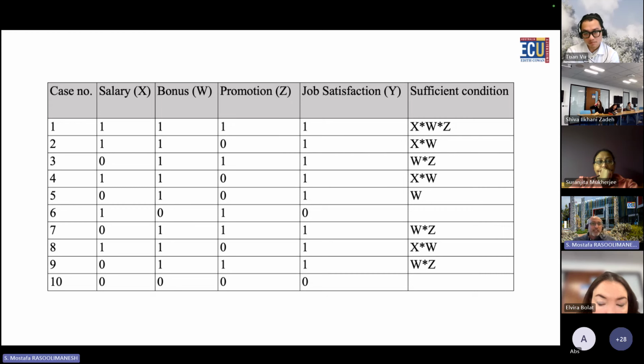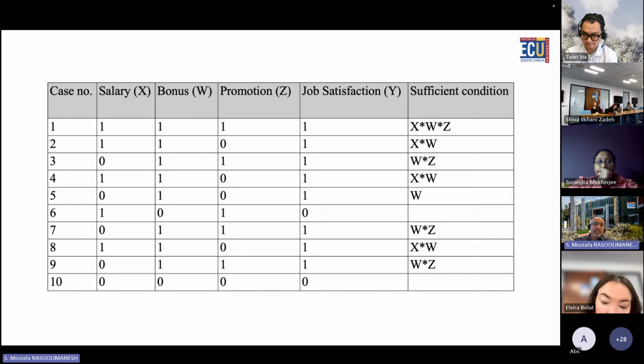And if this factor is removed, we won't get a high level of job satisfaction. So in this situation, X is a necessary condition for generating the outcome. For example, here for this company with 10 employees, you can see for case number one, to be satisfied, they want all factors: high salary, good bonus, and good conditions for promotion. But case number two only cares about salary and bonus.